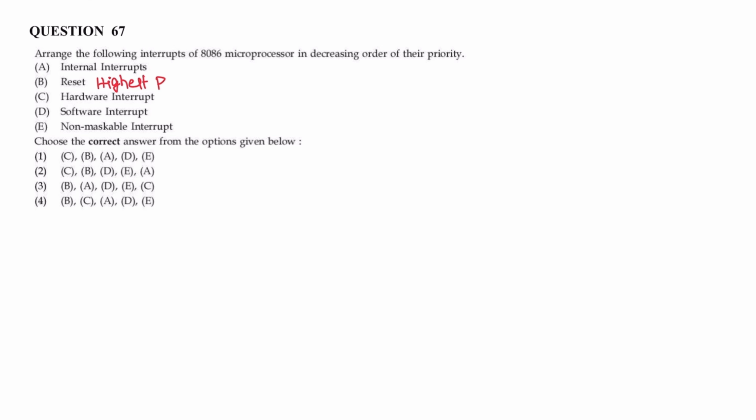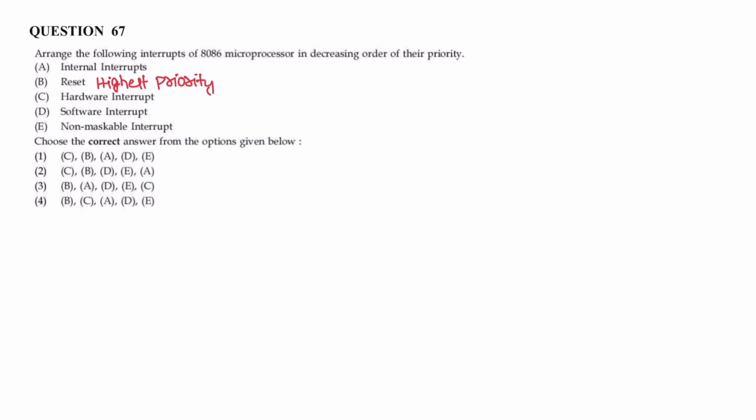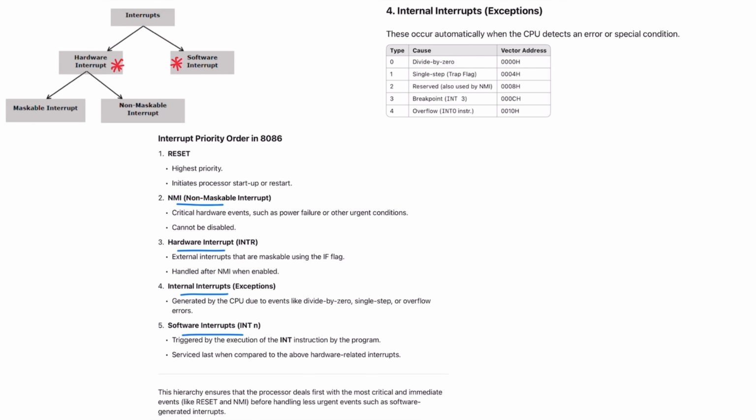Reset is having highest priority. Next, non-maskable interrupt, hardware interrupt, internal interrupts, and then finally software interrupts have the lowest priority. But as per the question, none of the options is correct. Priority order of interrupts: reset has the highest priority and software interrupts have the lowest priority.